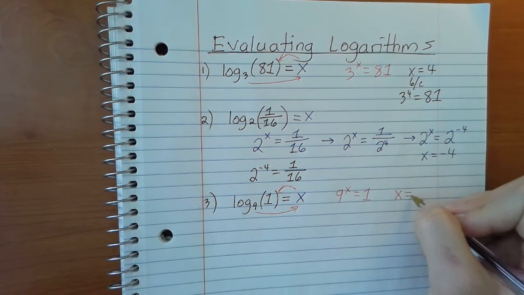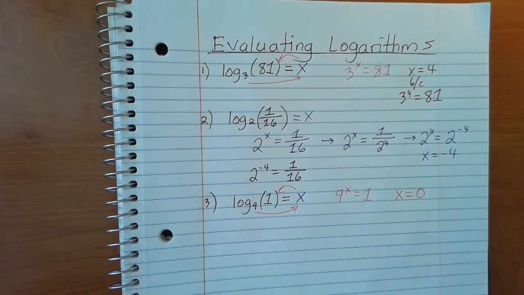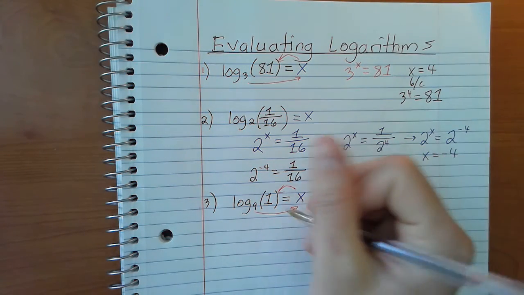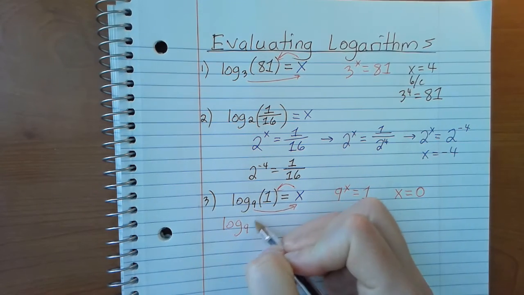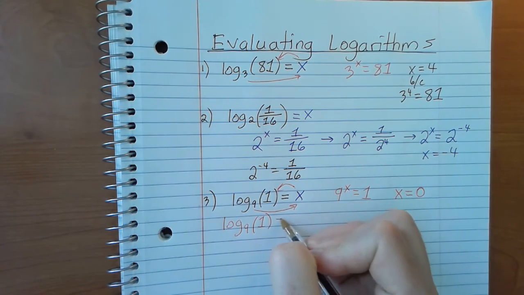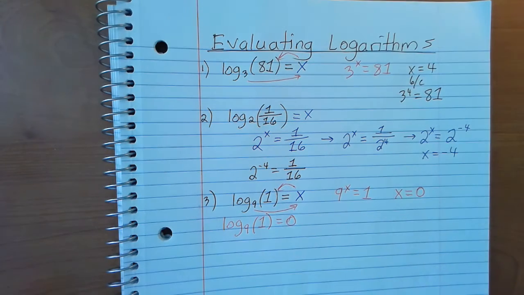That just means that x is 0. And remember that means that log base 9 of 1 equals 0. That's really what we're doing here. We're trying to evaluate the actual logarithm.